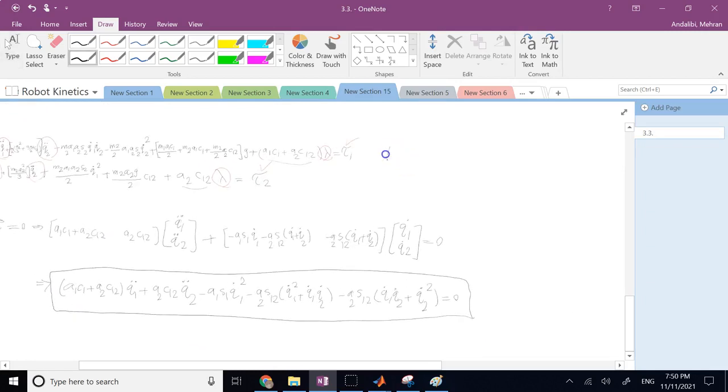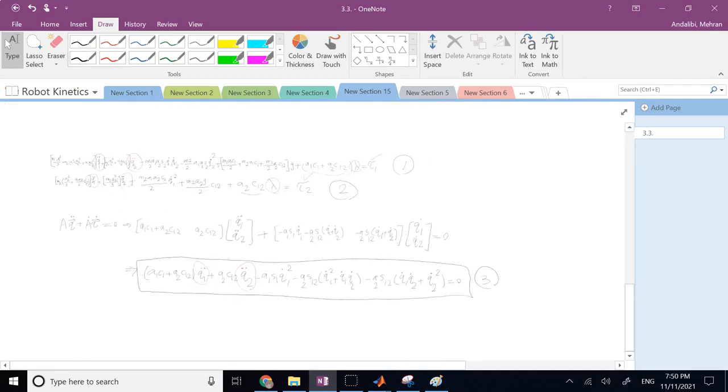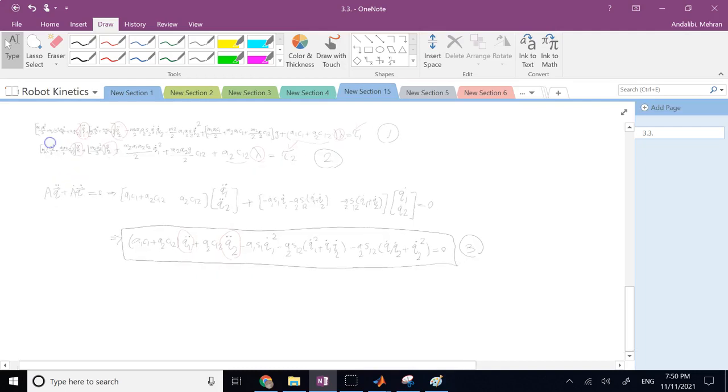Okay, so now you have equation 1, equation 2, and equation 3, and in equation 3, the unknowns are really the double dots. So now you have 3 equations, and if you want, you can write it as a coefficient matrix times the unknown vector, equal to the right hand side.